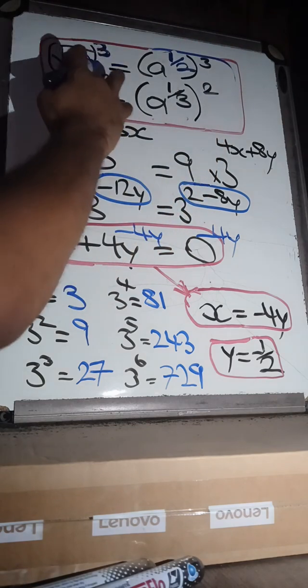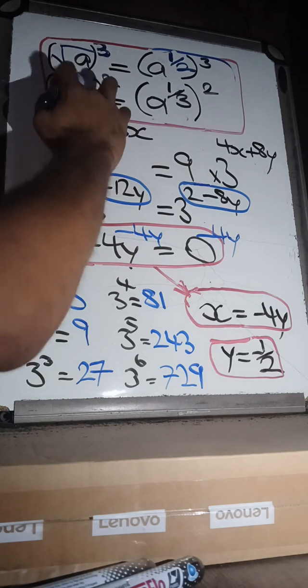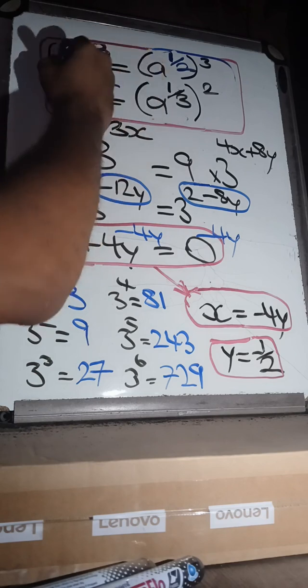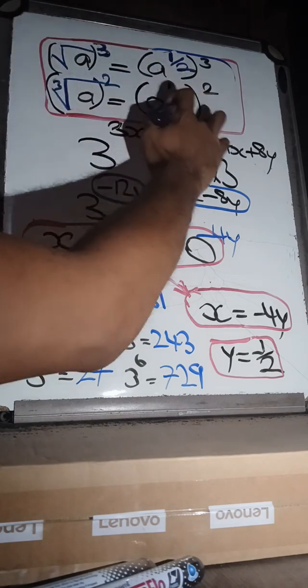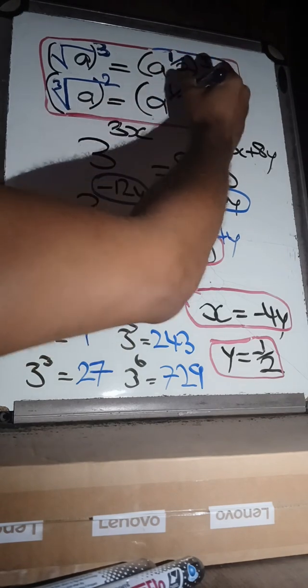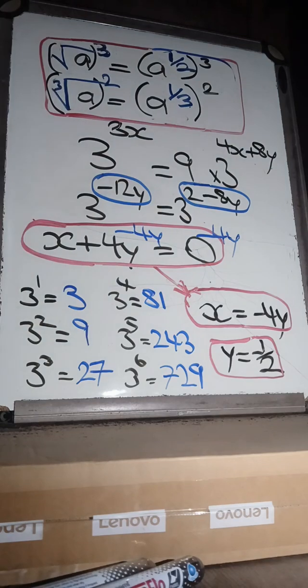Imagine that this cube root is the same as our 1 over 3. And then of course everything makes sense. So if we were to rub this out, we get rid of that 3, we get rid of that 2. So that would make everything make sense.